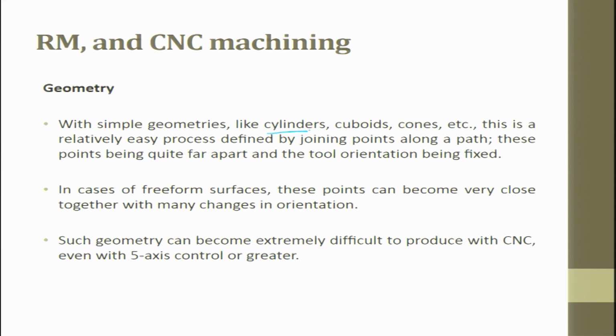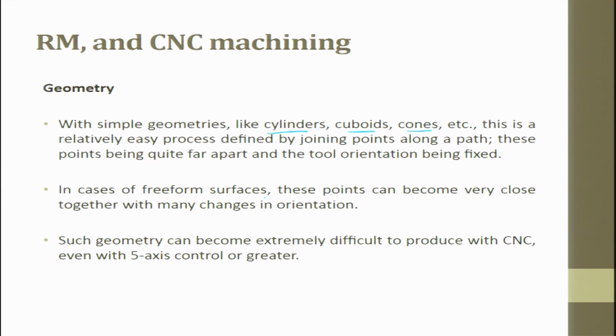Simple geometries like cylinder, cuboid, cones, etc. are a relatively easy process in CNC, defined by joining points along a path. These points being quite far apart and the tool orientation being fixed. So, it is easy to make by CNC. It is also easy in a similar way to make by RM.